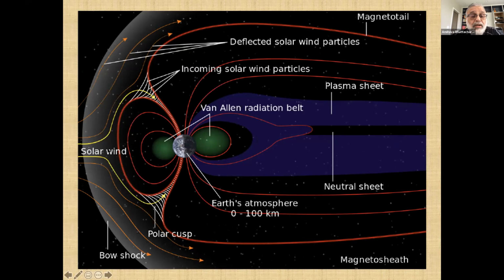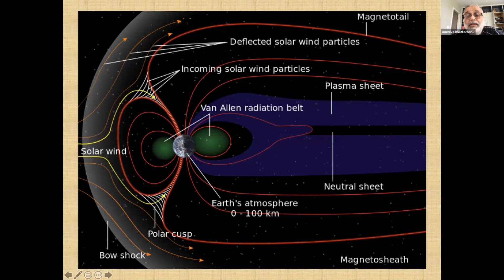Here on the left is the day side of the Earth's magnetosphere with the bow shock and the magnetopause intervening, filled in between by the plasma that occupies the magnetosheath. Most of the solar wind particles are deflected.